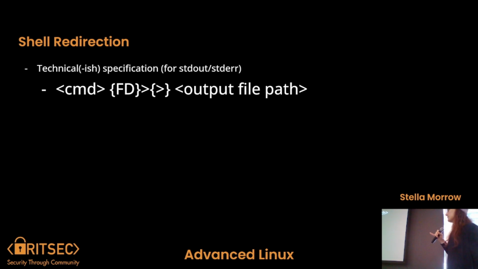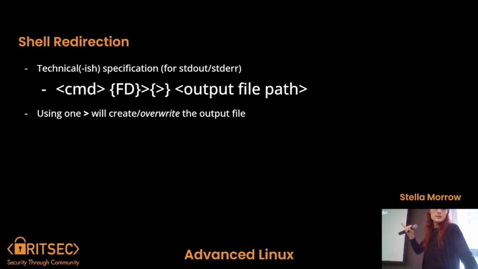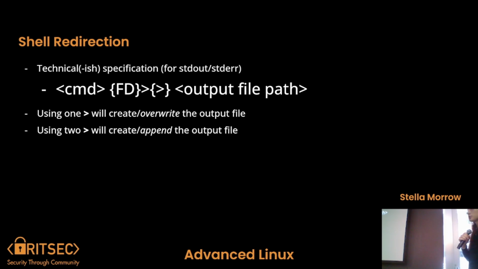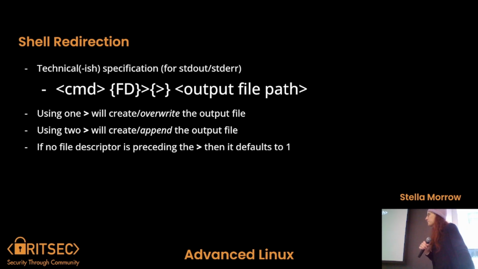If you're piping into a file, if you use one of the greater than signs, you overwrite the file or create it if it doesn't exist, and if you use two of them, it'll create or append to the file, which is great for like a log file.